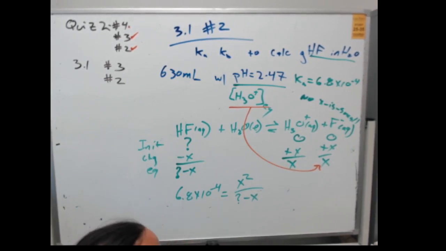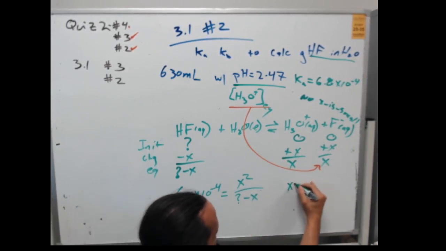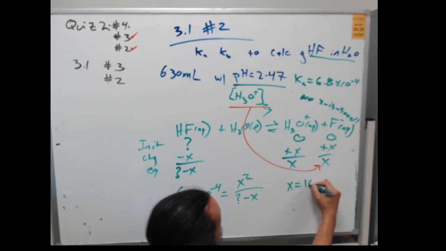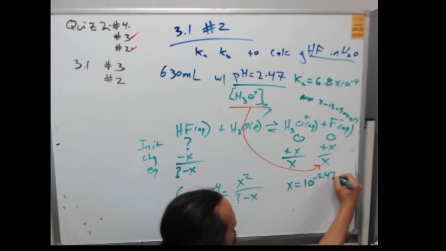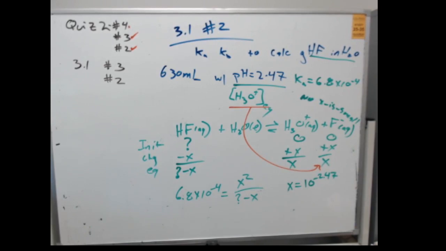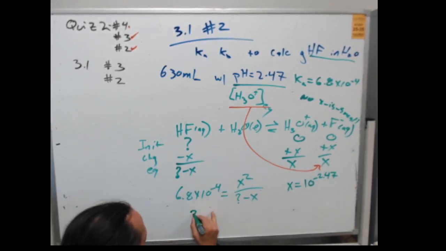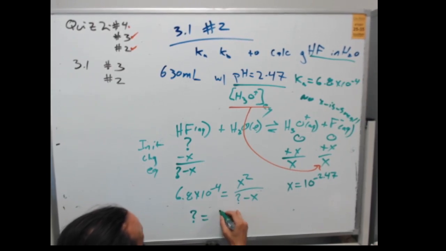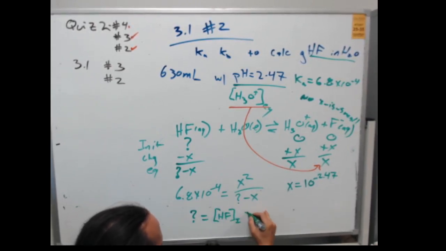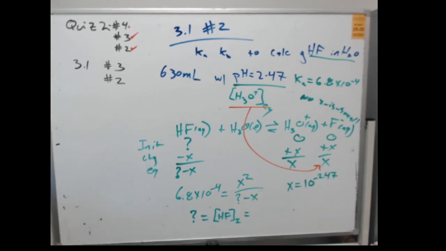So I can go ahead and say x is equal to 10 to the negative 2.47. That's not the answer I'm trying to get. I plug that in for my x values and solve for the question mark, which is my initial HF molarity, and I can solve for that without the x is small approximation.